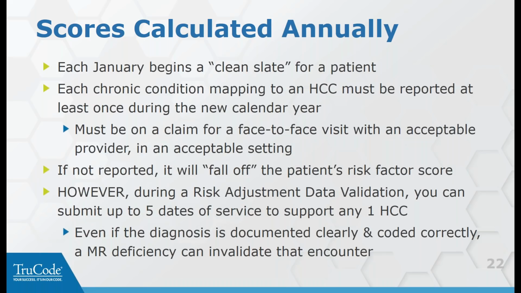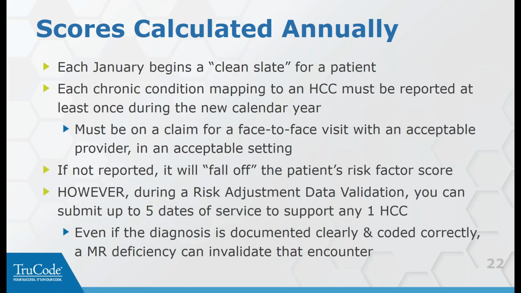As I said, the scores are calculated on an annual basis. So each January, they start a whole new slate for calculating a risk factor for a patient as a member of the Medicare Advantage plan. Each chronic condition that you want to count as part of the HCC for that patient has to be reported at least once during that new calendar year in order for it to factor into their new score.